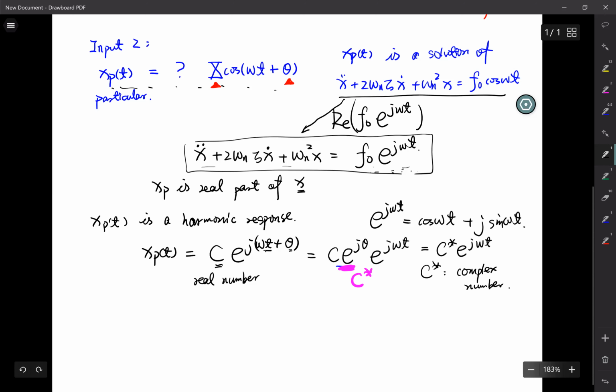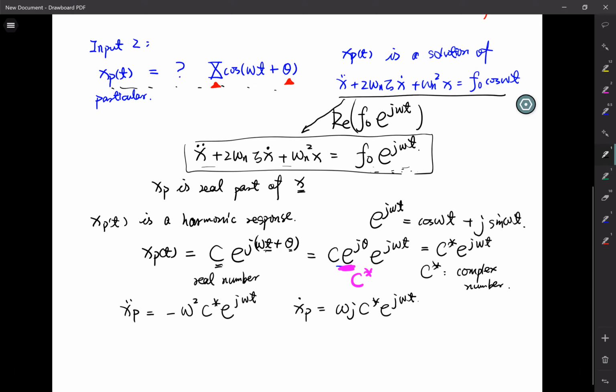Then we plug everything back. Your x_p double dot is minus omega squared C star e^(j omega t). Your x_p dot is omega j C star e^(j omega t). And then you plug everything back.